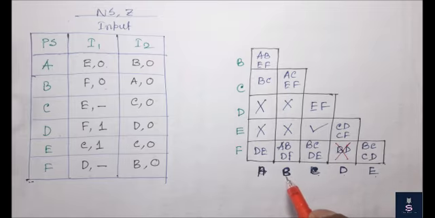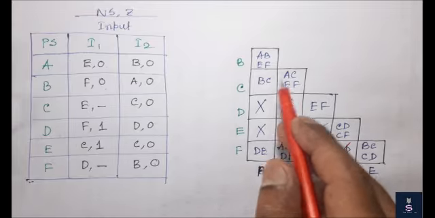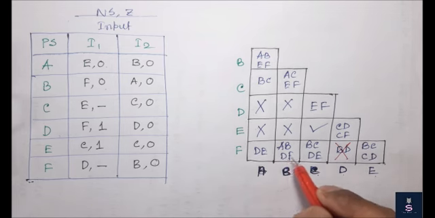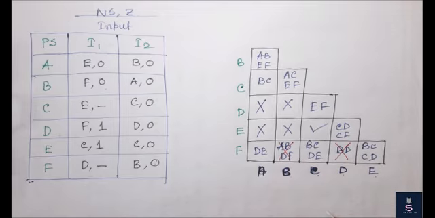Now consider BE, BE anywhere? BE, no. So now consider this one. If BF is not possible, so DF is not possible, so put cross here DF, because this is DF, so that is also cross. Okay, and we got this cell.